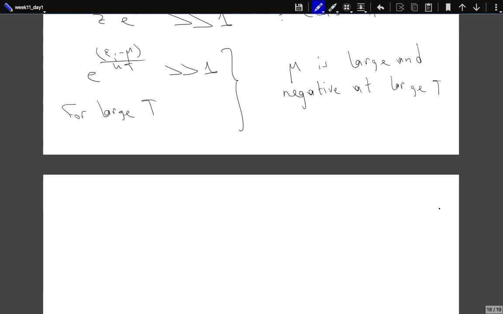But if it is behaving classically, we had already seen that Qn is Q1 to the n divided by n factorial.